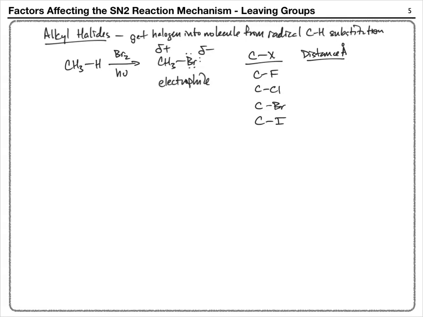So here are the halogens. This is the periodic trend: fluorine, chlorine, bromine, iodine. So what are those distances to carbon halogen bonds? These are in angstroms. You can see clearly that as you go down the halogen series, the bond length increases.